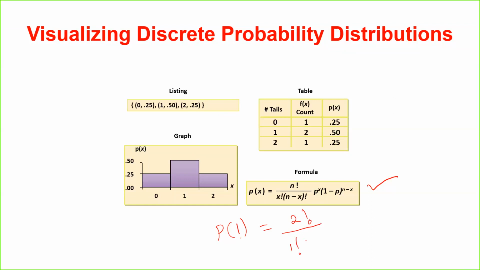Times 2 minus 1, which is 1 factorial, times the probability of heads, which is 0.5 to the power x, which is 1. Probability of tails, 1 minus p, which is 0.5, to the power n minus x, which is 2 minus 1, that is equivalent to 1. So what is this? 2 times 0.5 times 0.5, which is equivalent to 0.5. Am I right?